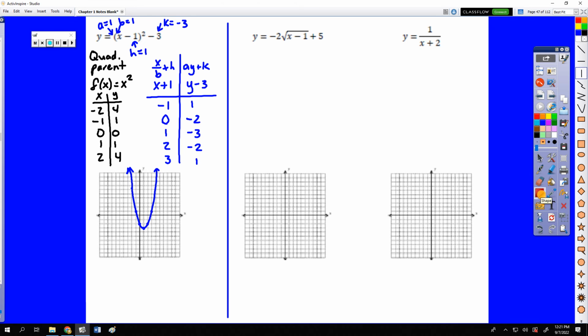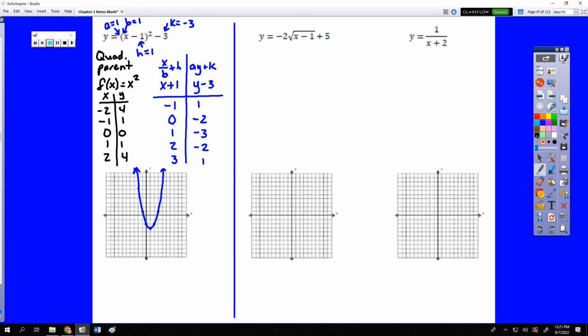Okay, the next example is a square root parent. Remember, that is the function f of x equals the square root of x, and for that function we use 4 points from the parent function, x values that have a perfect square, 0, 1, 4, and 9, resulting in y values of 0, 1, 2, and 3.